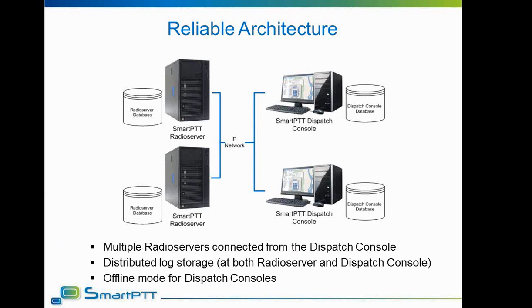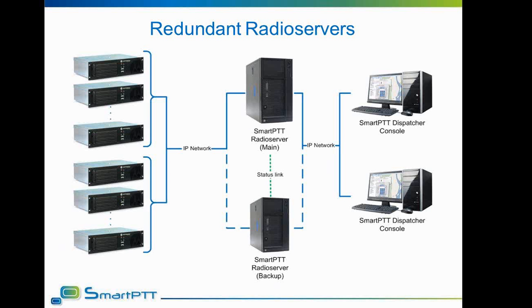The next reliability feature is radio server redundancy. SmartPTT allows organization of a redundant radio server that works like a hot backup. The redundant radio server checks the state of the master radio server via a status link. And if the master fails to answer for a predefined period of time, the redundant one will take charge instead of the master.